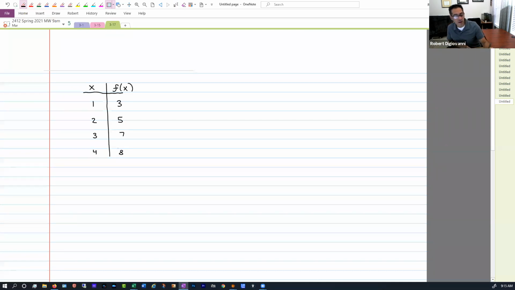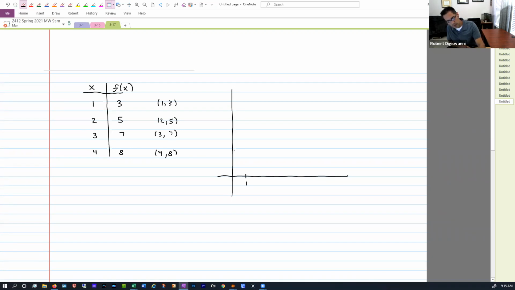Then if I asked you to graph this, you would look at these as ordered pairs. 1, 3, 2, 5. The x coordinate is the input and the y coordinate is the output. So let me plot these points. Let's say this is 3, so here's 1, 3. 2, 5, so 2, and then let's say 4 or 5.